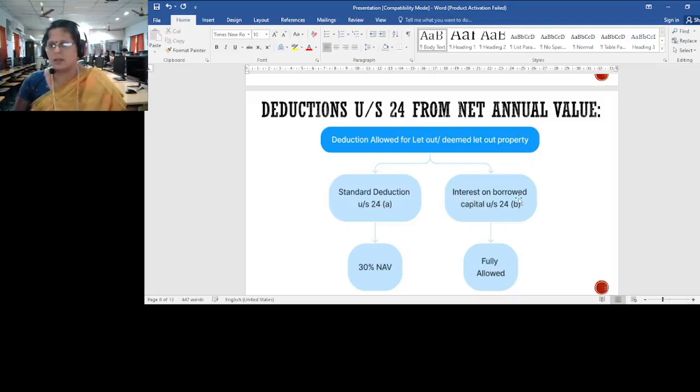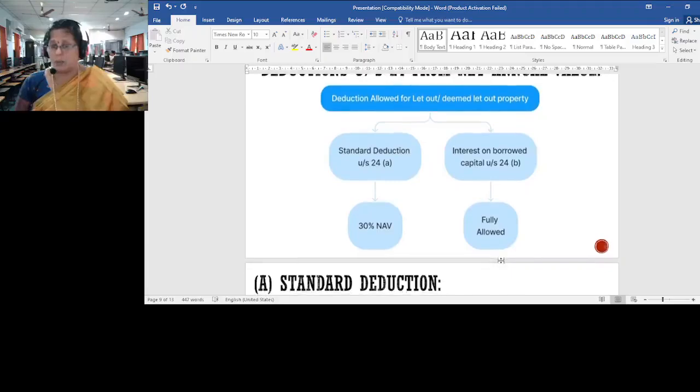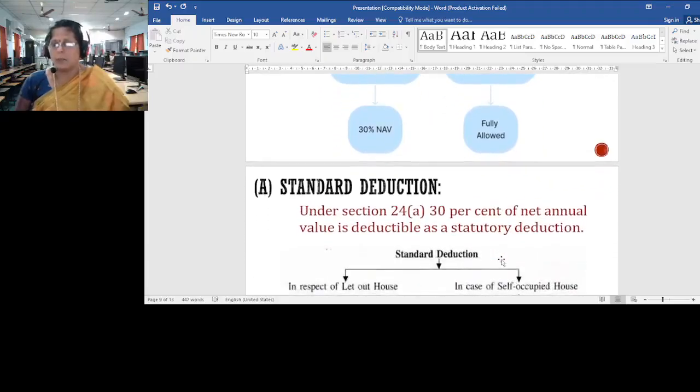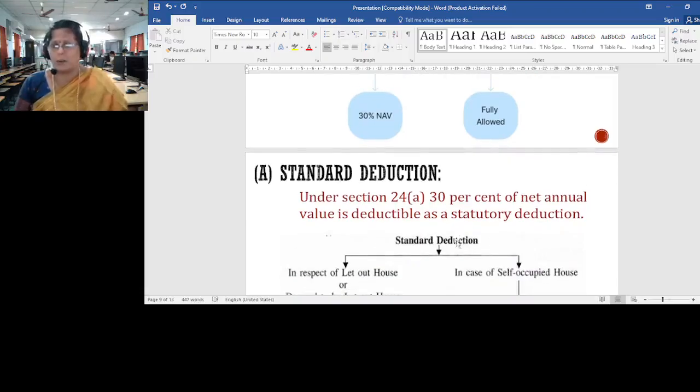And interest on borrowed capital, whatever amount you are paying as interest to the concerned person, the entire amount will be allowed as deduction as far as let out property is concerned, right? But there is some restriction regarding self occupied property.